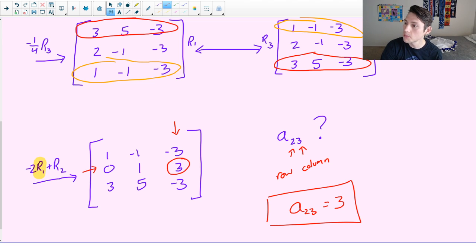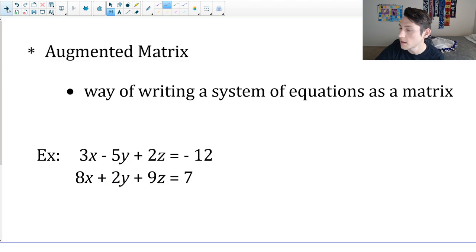All right, row operations. We're going to do a lot more with these today. But let's first talk about an augmented matrix. This is a way of writing a system of equations as a matrix. We've actually sort of done this before when I taught you how to solve a system of equations using the TI-84 graphing calculator.